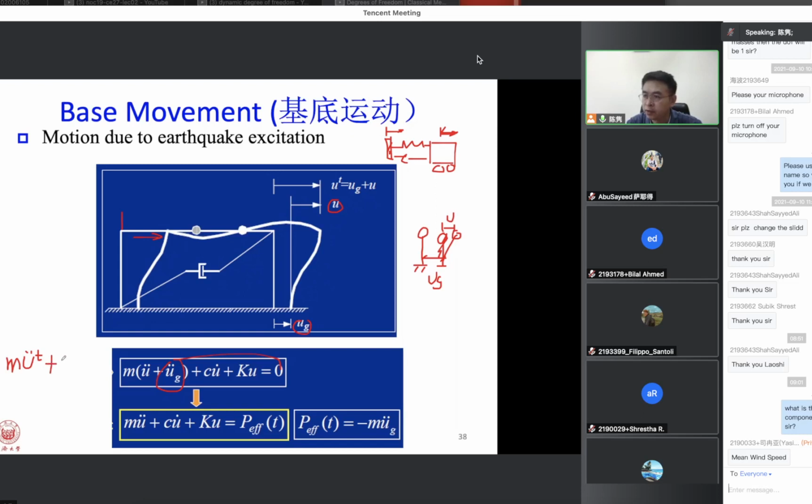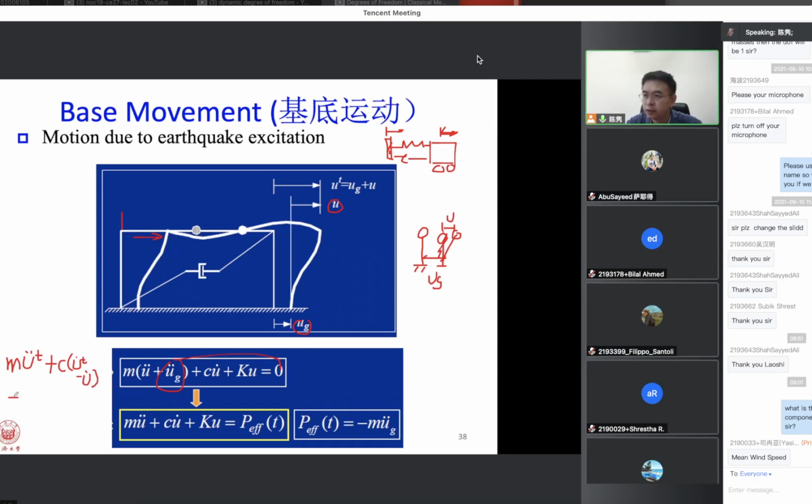And for the damping force, because the damping force depends on the relative velocity, if you use u t, it should be u dot t minus u g dot.